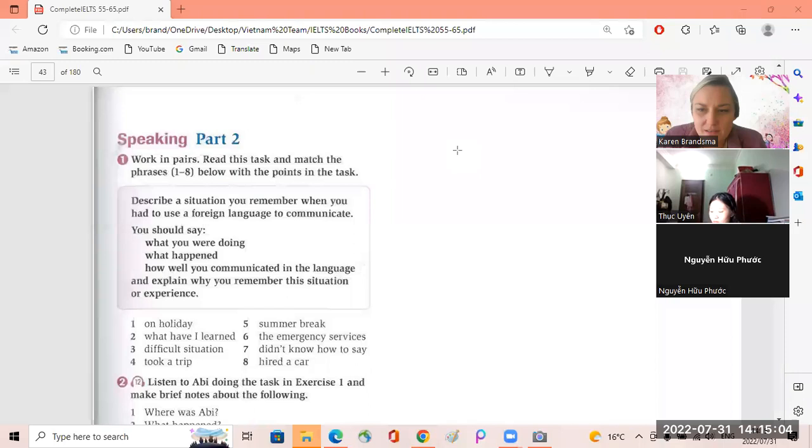We describe a situation you remember when you had to use a foreign language to communicate. So maybe you were at the shops, at the supermarket, and you had to speak to somebody in English or a different language. Or maybe you went on holiday, you went to a hotel.